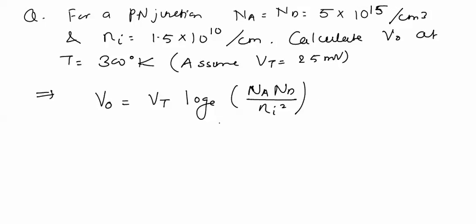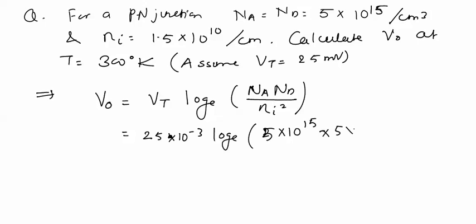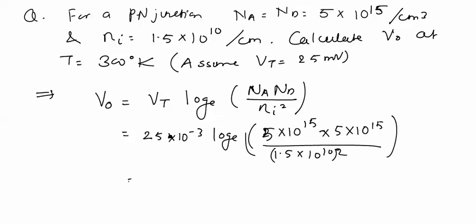Now substituting all the values, Vt equal to 25 into 10 raised to power minus 3 log to the base e 5 into 10 raised to power 15 into 5 into 10 raised to power 15 divided by 1.5 into 10 raised to power 10 whole square. The contact potential comes out to be 0.636 volts.